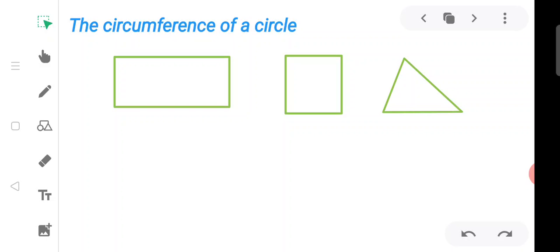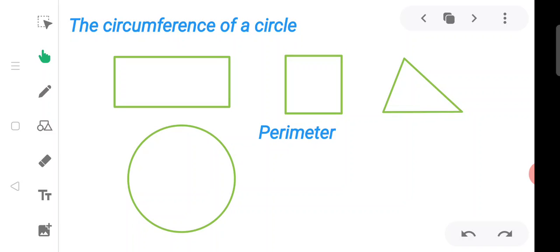If we have to find the length around some square, triangle or rectangular object, we use perimeter. Now, how can we find the length of a bowl which is circular in shape?